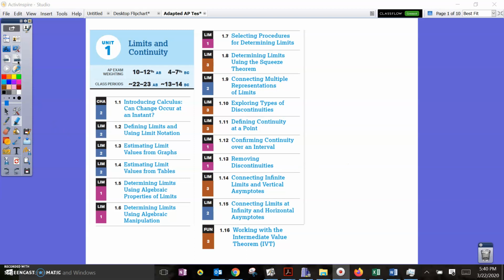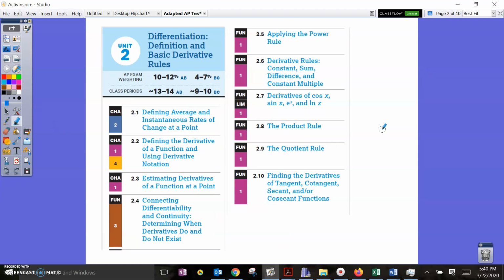Alright, second unit. Differentiation, the definition of the derivative and basic derivative rules. Again, this is all material that is going to be asked about on the BC Calculus exam. Things related to the definition of the derivative and the most basic derivative rules, which hopefully by this point in time you don't need to worry much about.